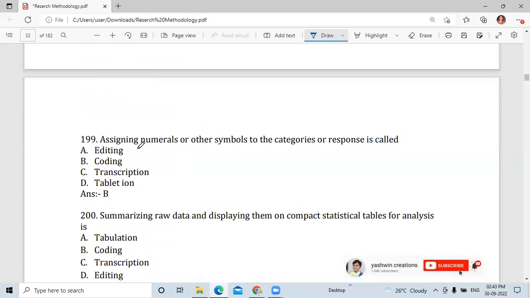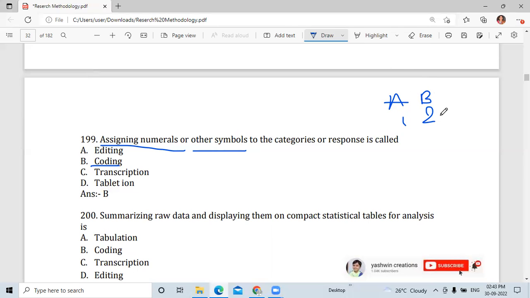Next question: assigning numerals or other symbols to the categories or responses is called coding. So we are giving a code instead of writing the name. For example, you might have studied aptitude, instead of A you will write 1, and B we write as 2.